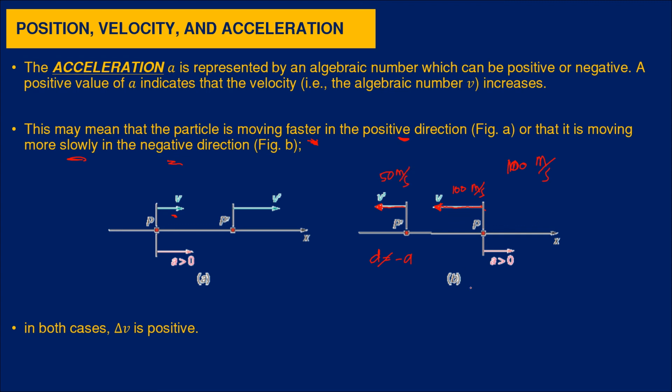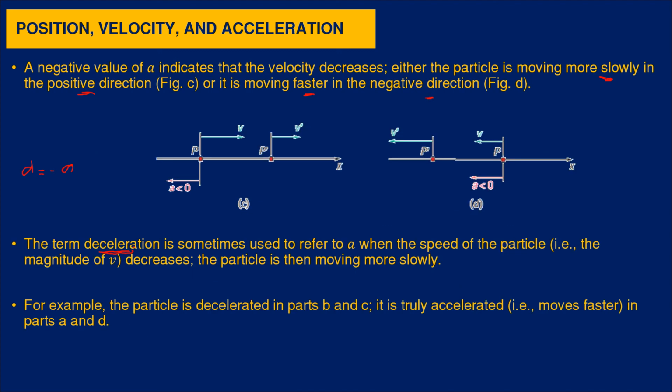So that means it decelerated, but the velocity is still positive. That is why the acceleration is greater than 0. For C, it's the same as B, it decelerated in the same direction. And it is truly accelerated, moving faster, in parts A and D.